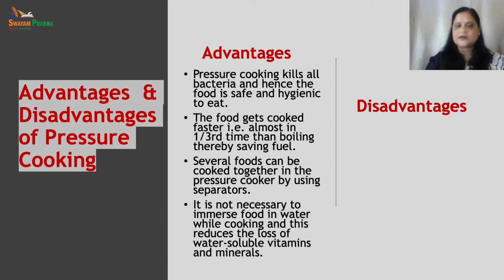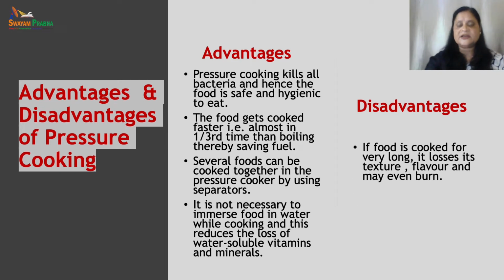Several foods can be cooked together in pressure cooker by using separators. It is not necessary to immerse food in the water while cooking, and this reduces the loss of water-soluble vitamins and minerals. Disadvantages: if food is cooked for very long, it loses its texture, flavor, and may even burn.